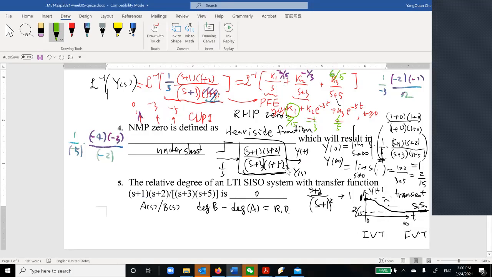Of course, in practice, what if you have multiplicity? What if you have a square, to the power of n? How are you going to do it? That kind of CUPI still applies. Go and check this homework question. There is something like that, and they tell you how to do it.